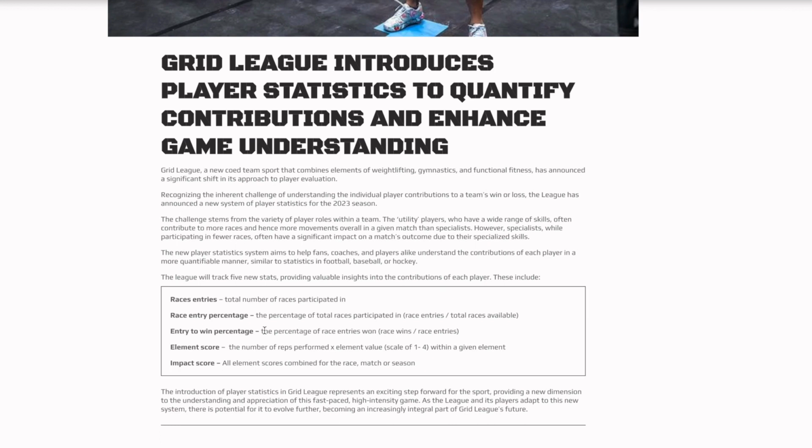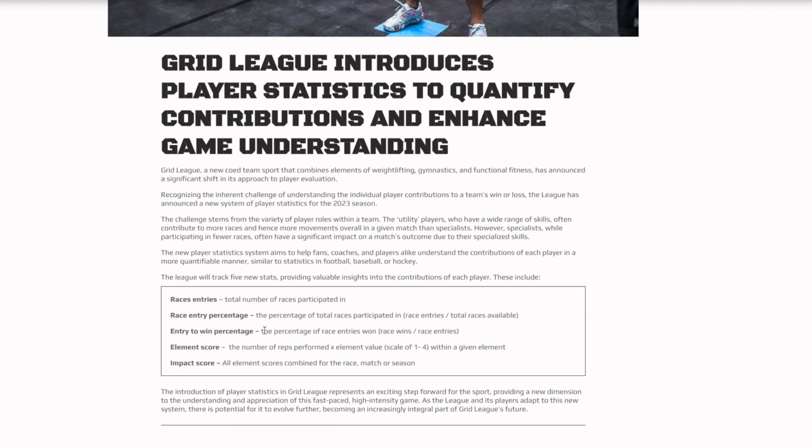So what is an element score? An element score is the element value, which is a number applied by the league to a specific movement within a race that helps to quantify how important it is to the race outcome.